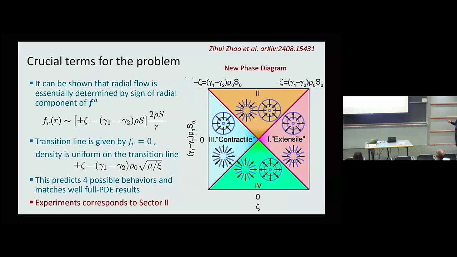Here, for instance, in regime 1, both target and aster patterns can attract cells. And in regime 4, both target and aster can repel cells. So with this nonlinear term, we have 4 different regions, not only the dichotomy between simple extensile and contractile. Then our experiment corresponds to this regime 2.